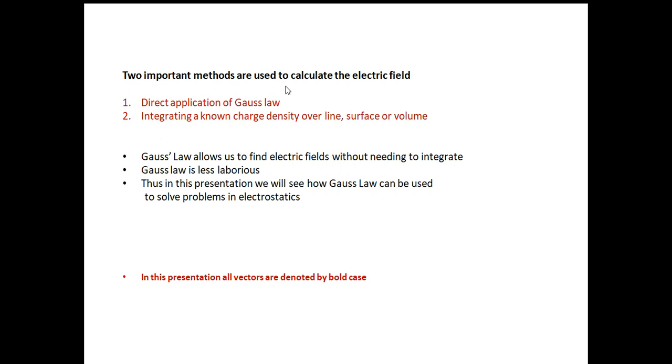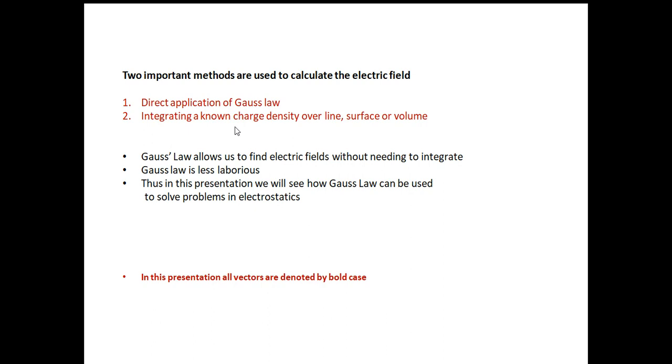So, as I told in my last slide, the main aim of electrostatic study is to estimate or to calculate the electric field. There are two ways. One is direct application of Gauss's law. I am yet to tell you what Gauss's law is.